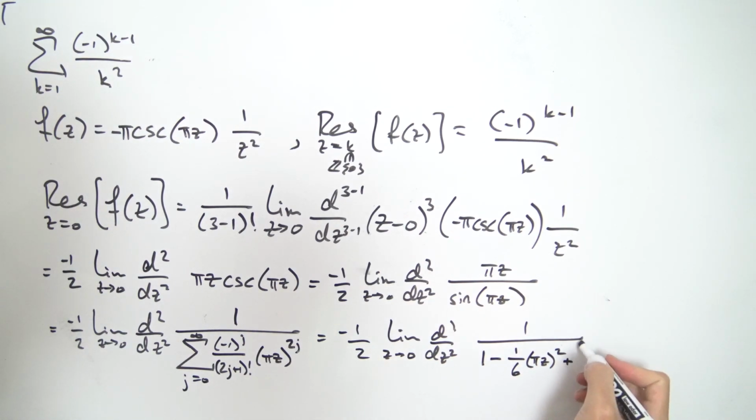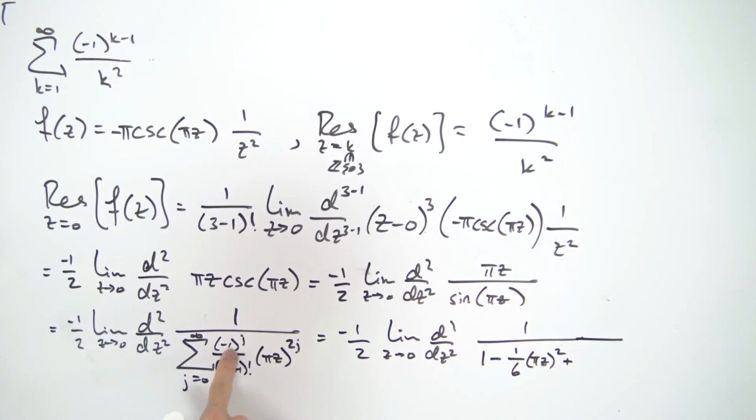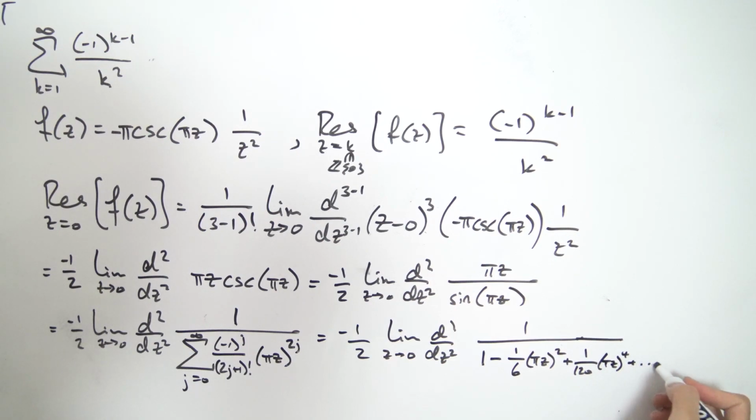So we're going to have plus, and then at j equals 2, well, -1 squared is 1, and then we have 2 times 2, which is 4, and then 4 plus 1, which is 5, so 5 factorial, which is 1 over 120, and then pi z to the 4. And then this just keeps going, so this infinite series continues.